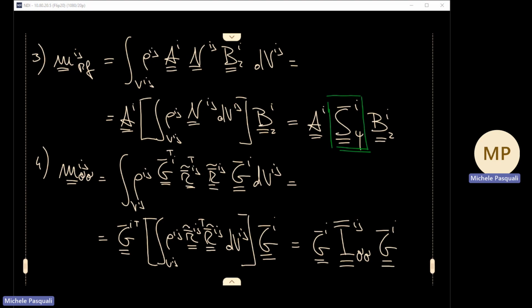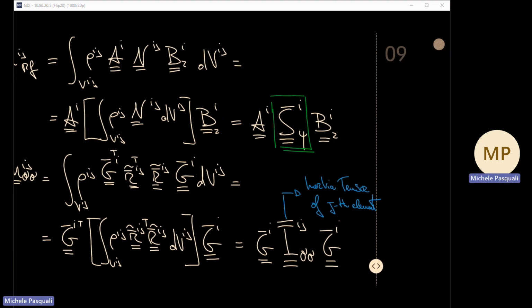That's the inertia tensor for the element. We'll cut it short here.